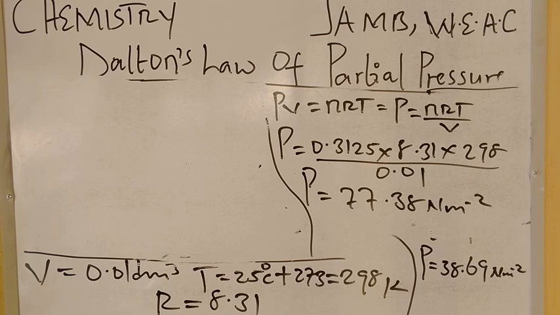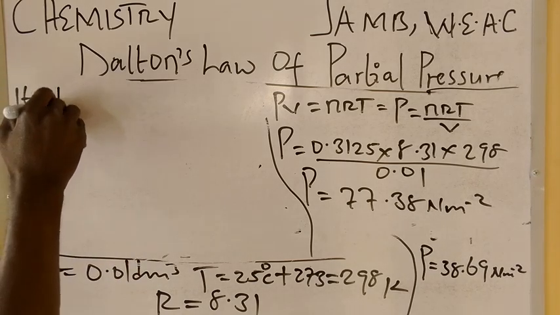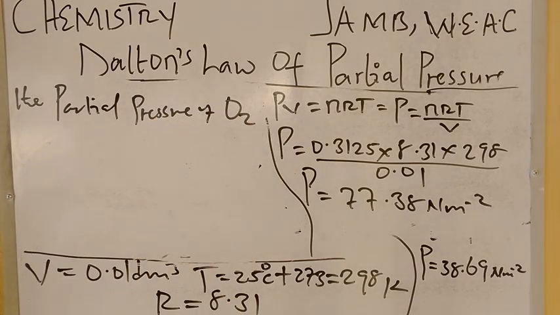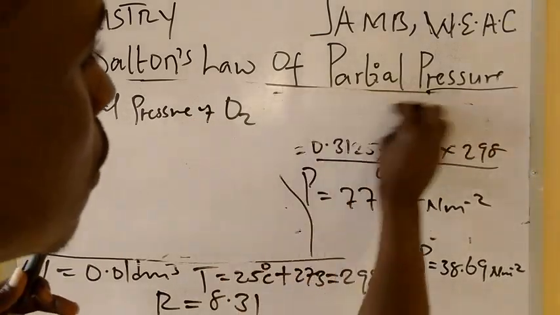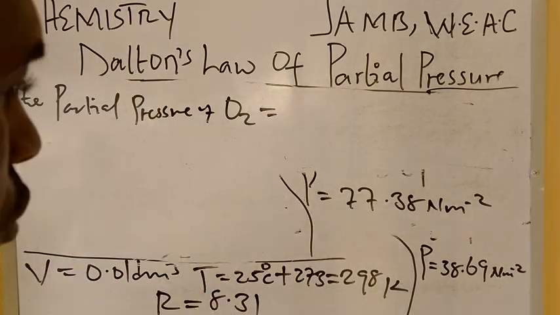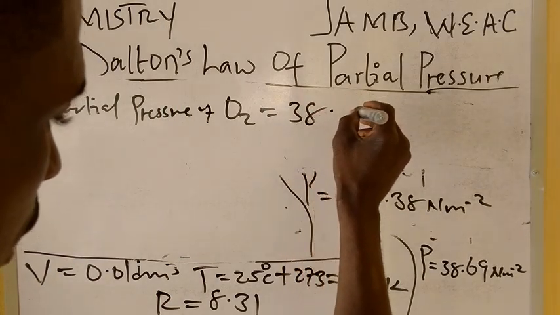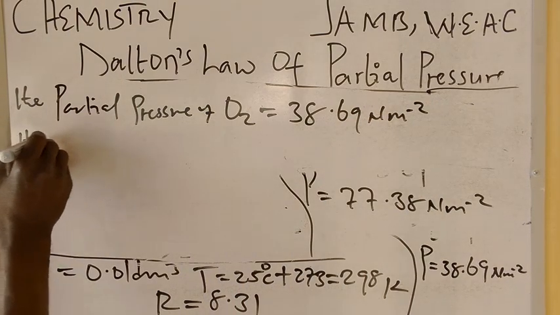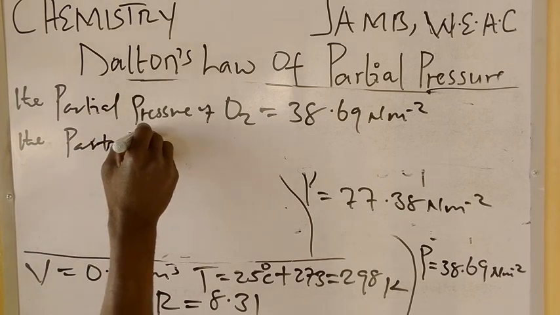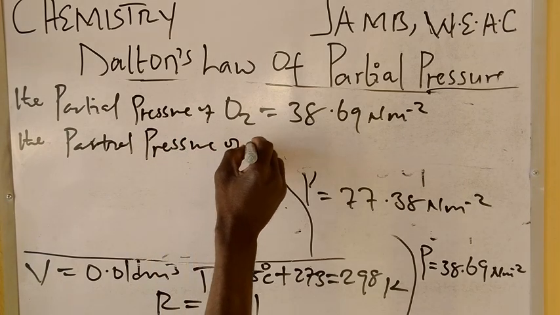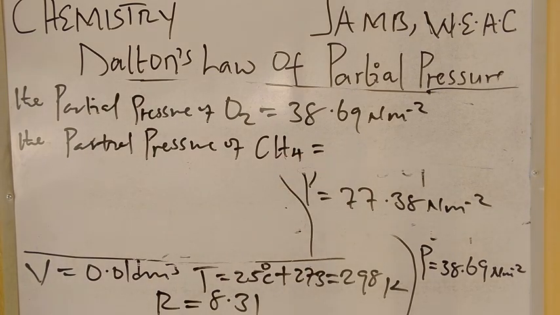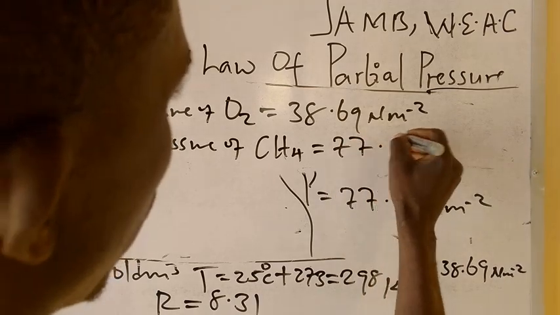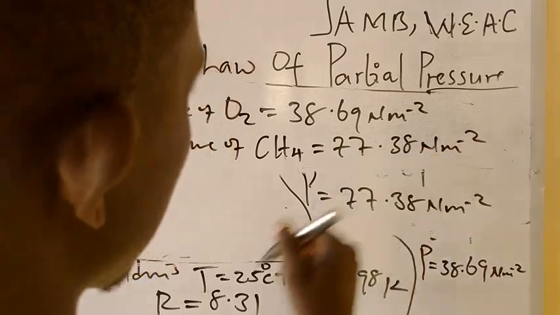Now we can boldly say that the partial pressure of oxygen is equal to 38.69 Newton per meter square, then the partial pressure of methane is equal to 77.38 Newton per meter square.